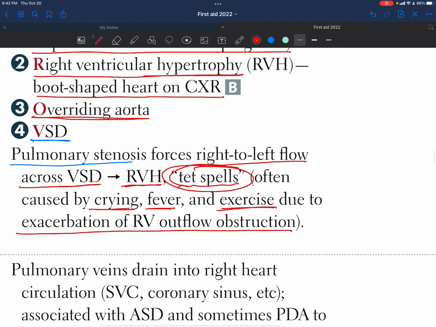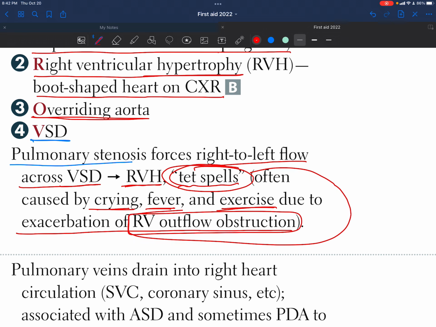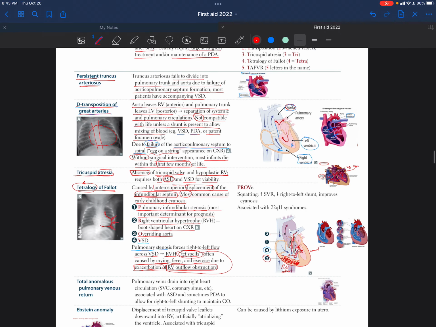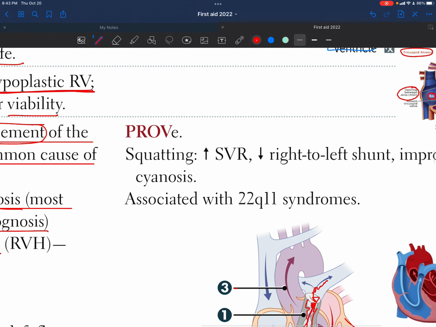So these TET spells are due to the right ventricular outflow obstruction. So in cases of crying, fever, and exercise, there is exacerbation of the right ventricular function to push the blood out, and that would cause the stenosis of the pulmonary artery to be more prominent. So this is the issue with this disease, and that's the way to memorize it.